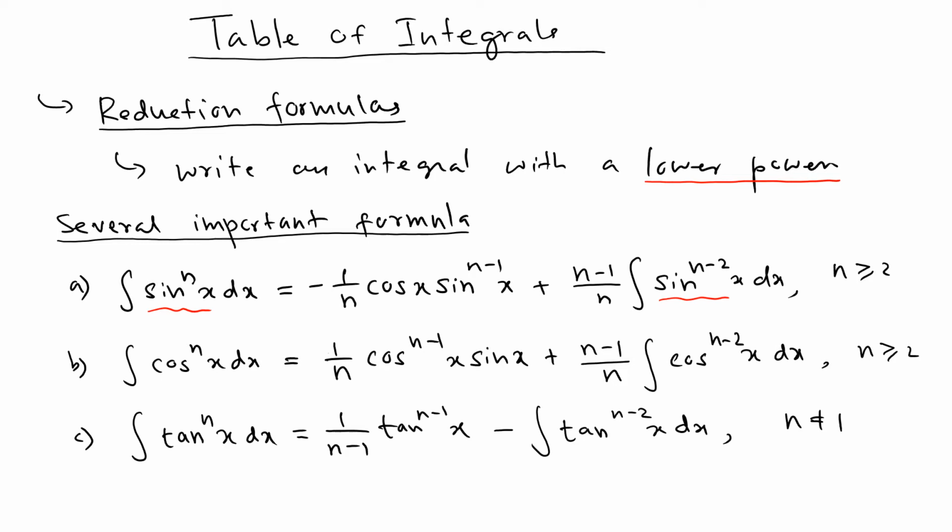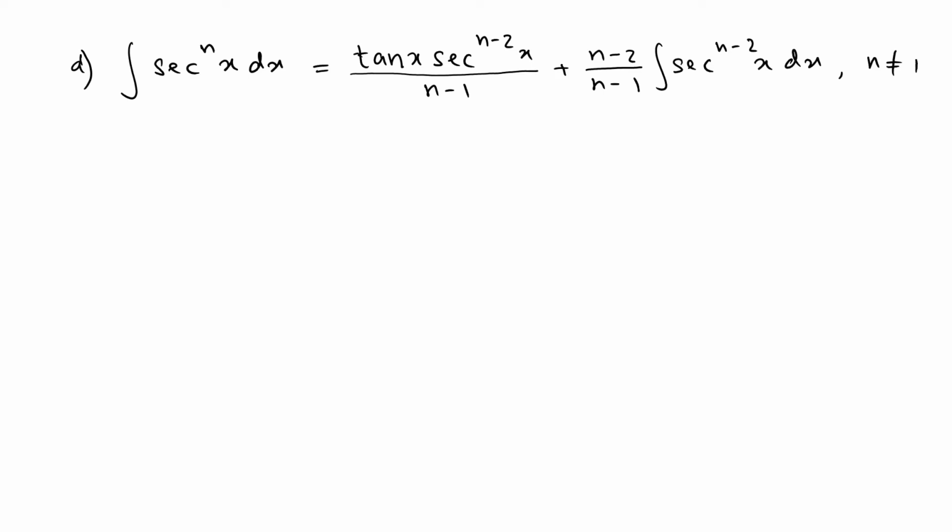Then we have three more for secant, exponential and log functions. The integral of sec^n x dx equals tan x sec^(n-2) x over (n-1) plus (n-2) over (n-1) times the integral of sec^(n-2) x dx.